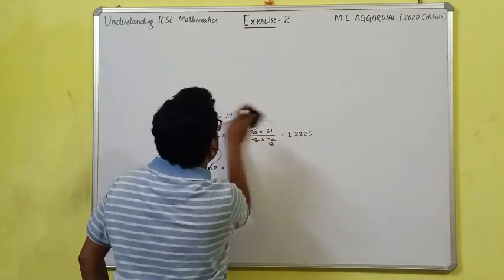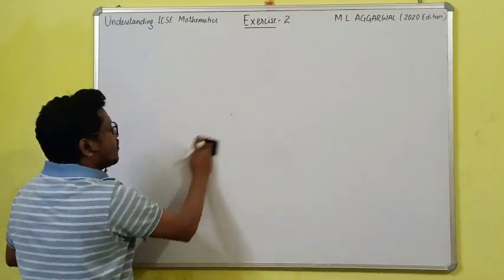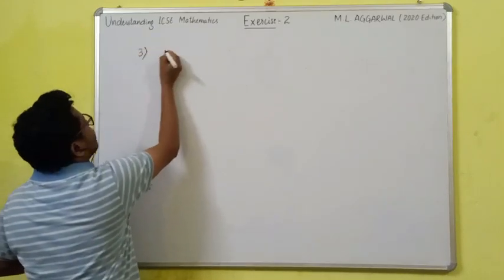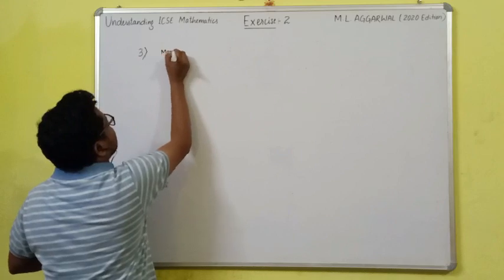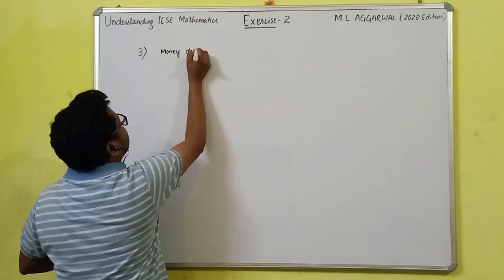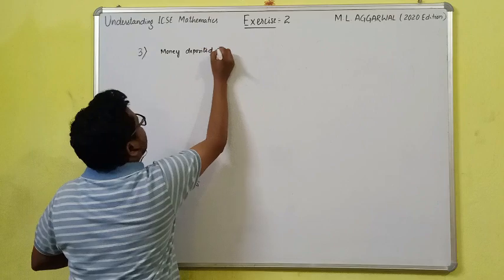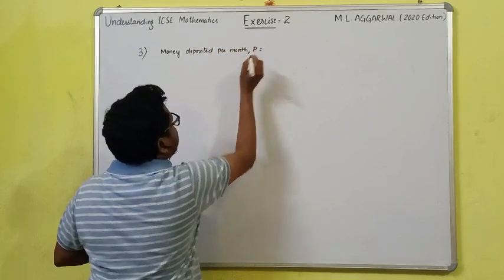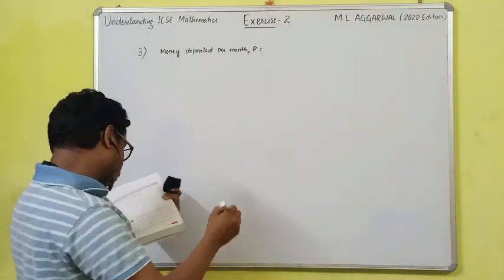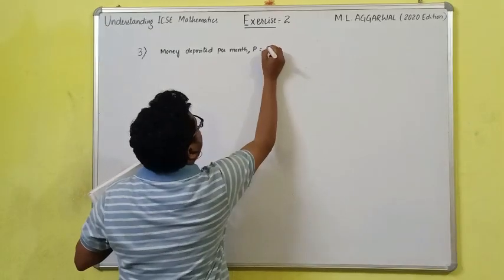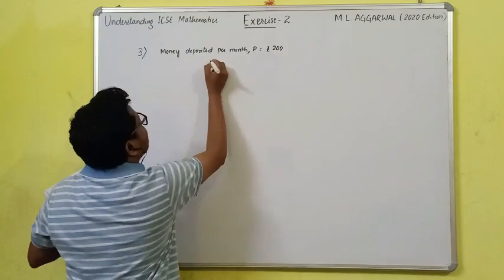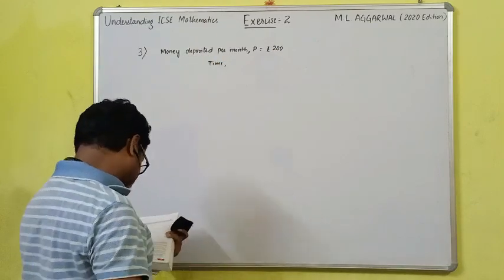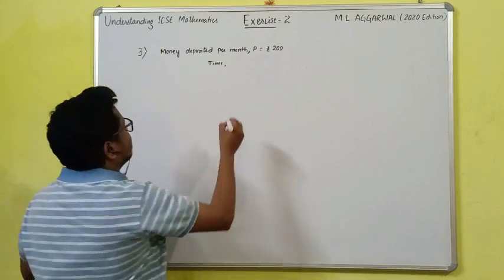As per your question, your principal, or here we can say that money deposited per month, comma, P is equal to rupees your 200. And for the time T is equal to how many years? 36 months.